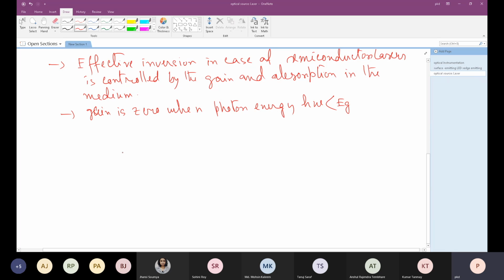Typically, the gain is increased by increasing carrier injection, that is, by injection current.